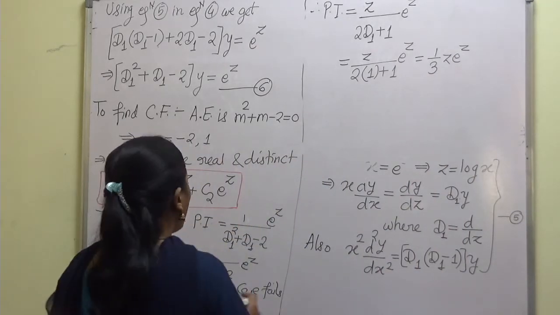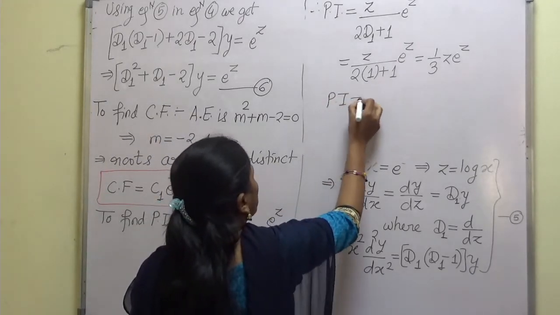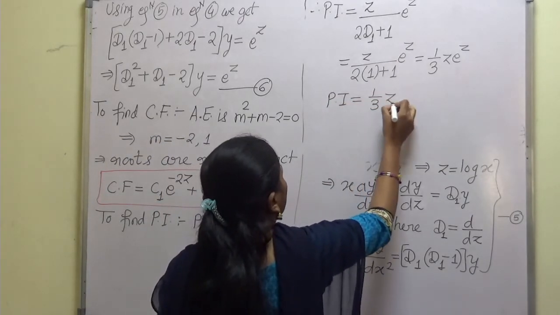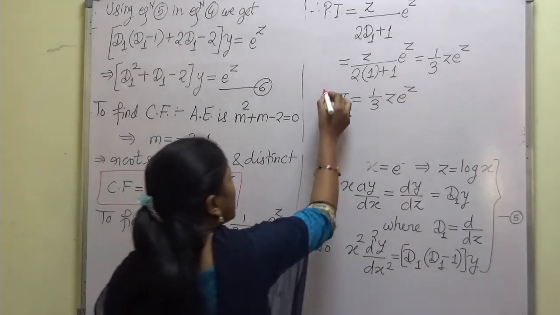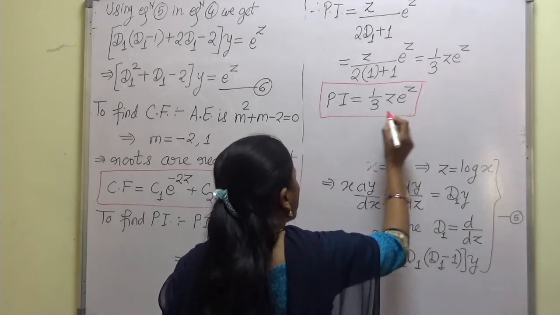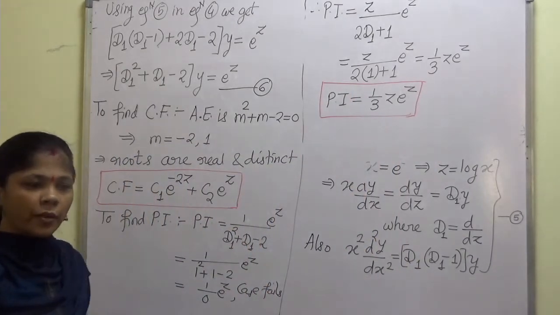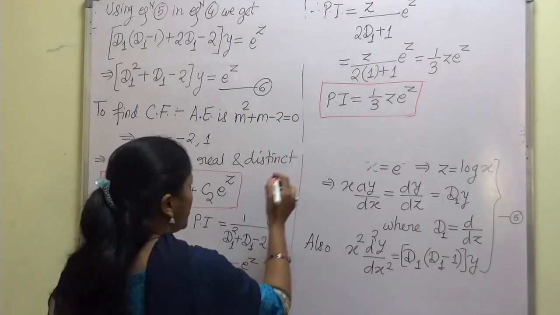Okay, now we have obtained the particular integral as well as the complementary function. So we can write the complete solution of equation 6.